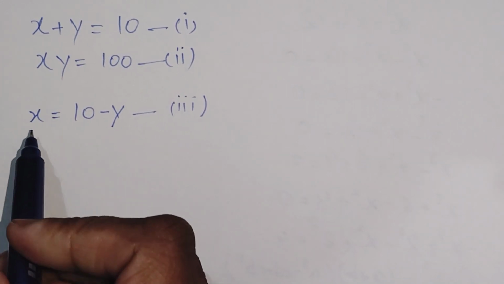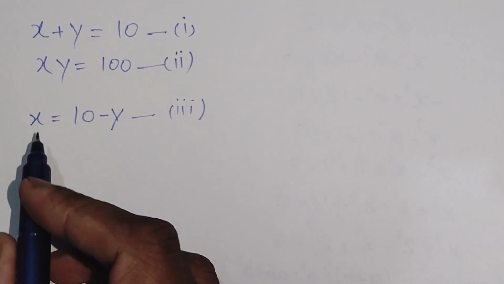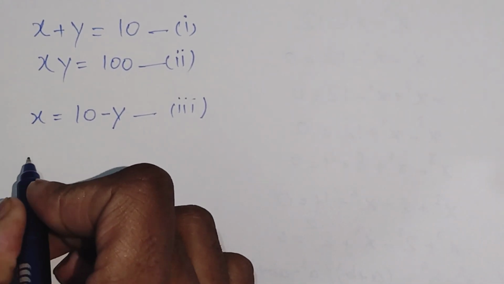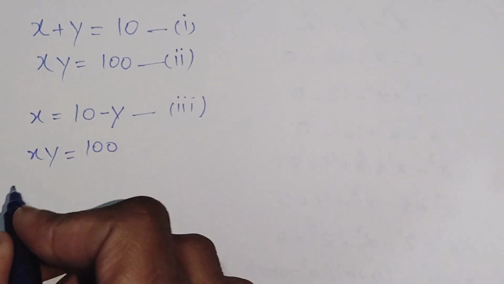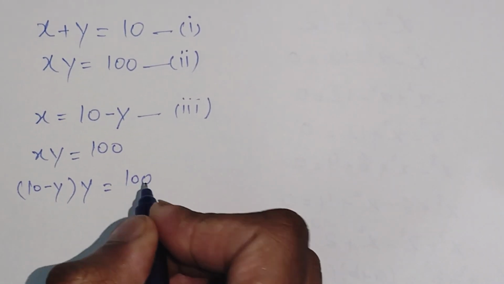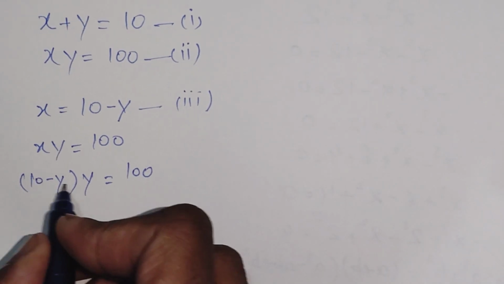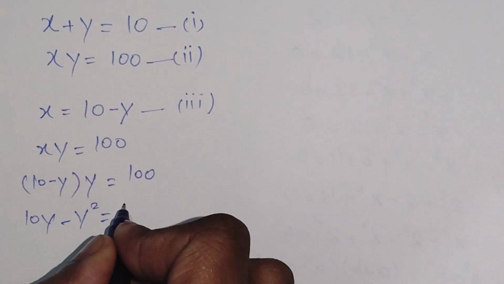So we put the value of this x in the second equation, so it will become xy equals 100, where x is 10 minus y, times y, equals 100. So it's 10 into y, 10y minus y square equals 100.